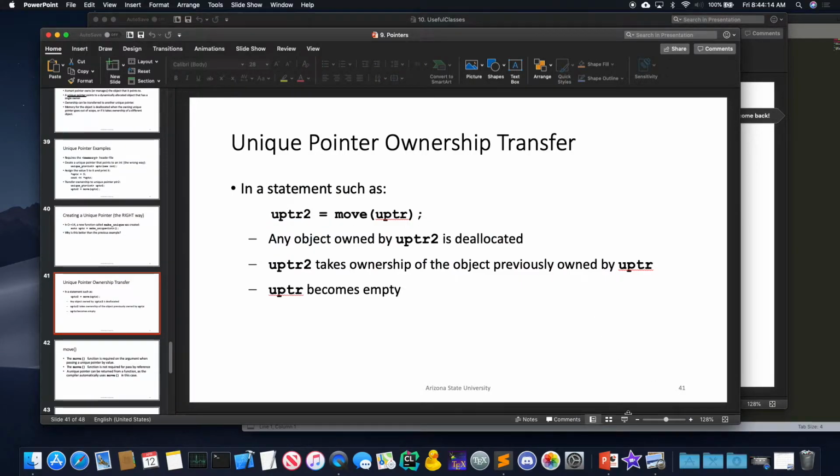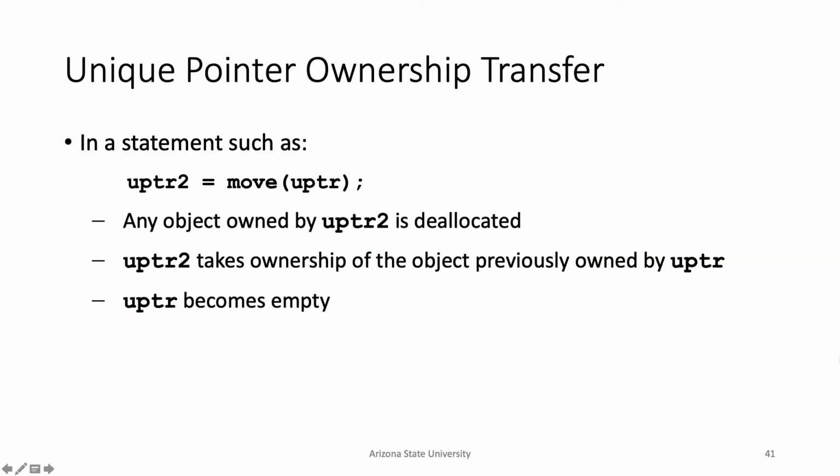Yeah, so what about ownership of a unique pointer? We saw that because it's a unique pointer, we can't just copy the ownership to someone else because we should only have exactly one thing pointing to this object. But we can move the ownership over. There's this special function called move. We haven't talked about exactly what this does, but you can think of it as moving the ownership over. So it's taking the guts out of uputter and moving the guts over to uputter2.